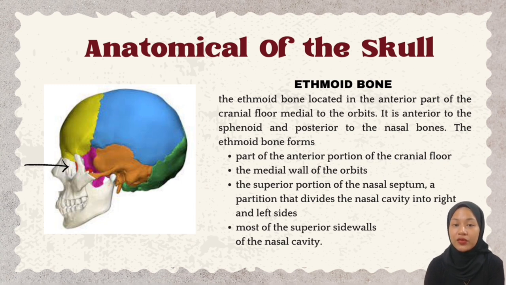The ethmoid bone forms part of the anterior portion of the cranial floor, the medial wall of the orbits, the superior portion of the nasal septum, a partition that divides the nasal cavity into the right and left sides, and most of the superior side wall of the nasal cavity. The ethmoid bone is a major superior supporting structure of the nasal cavity and forms an extensive surface area in the nasal cavity.